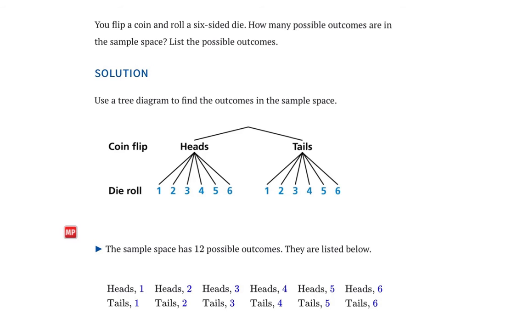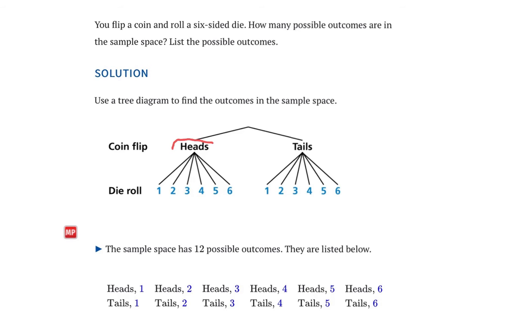So let's see a simple example with two parts to it. Let's say we flip a coin and we roll a die, and we want to list all of the different outcomes that are in the sample space. The sample space would be all of those different outcomes. We sometimes use a tree diagram to find those outcomes. We could do this in either order, the die roll or the coin flip, but let's start with the coin flip because the coin flip only has two possible outcomes.